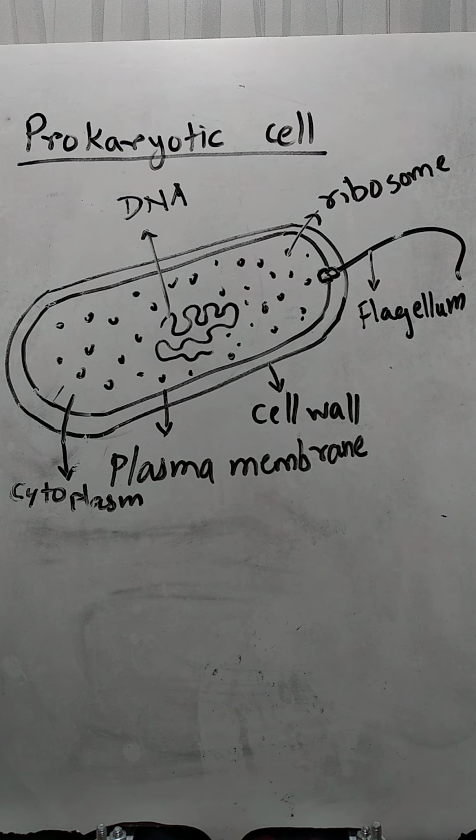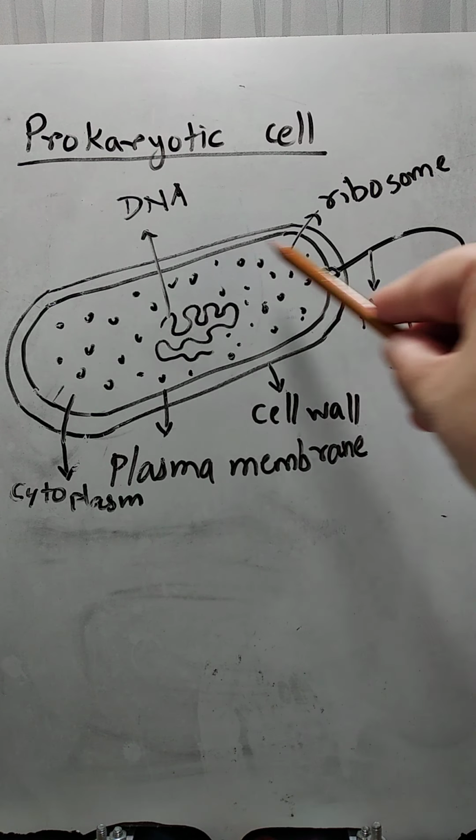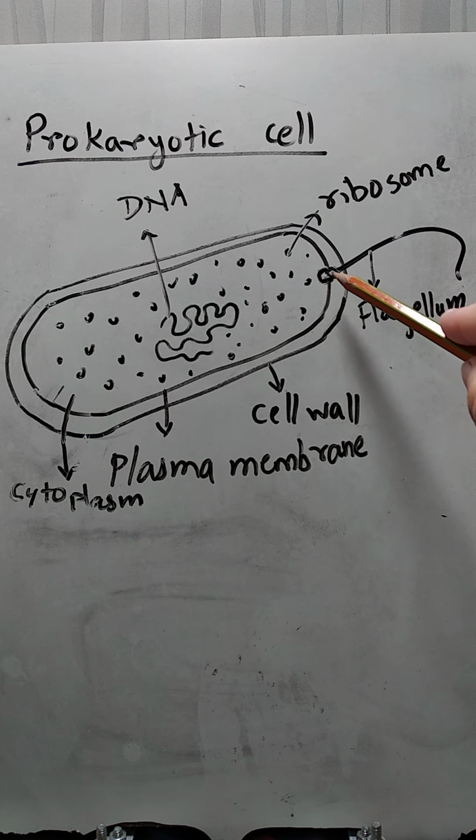Usually DNA is present inside the nucleus in a eukaryotic cell. But in a prokaryotic cell, the true nucleus is absent, so the DNA is directly exposed into the cytoplasm, right? This is a flagellum, which helps these organisms to float and move in water or in some other liquid, right?